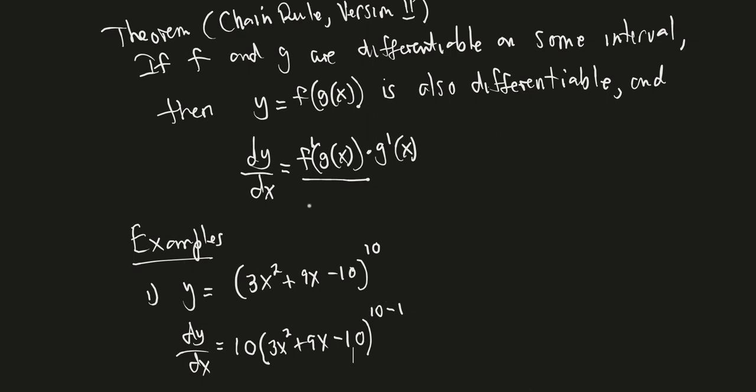So that's what this first part of the chain rule is telling us, is that we differentiate the outer function using whatever rule applies, in this case the power rule, bring down the 10, subtract 1 from the power, but you don't just do it with an x, you do it with the whole g of x still inside. So that's why we brought down the 3x^2 + 9x - 10.